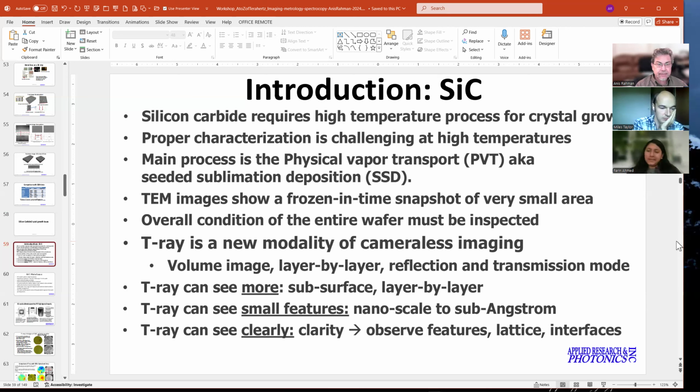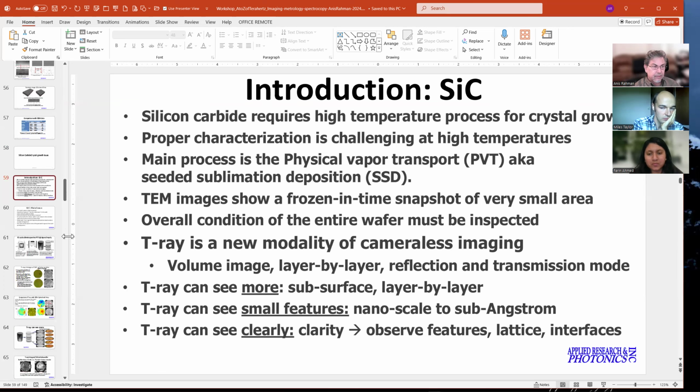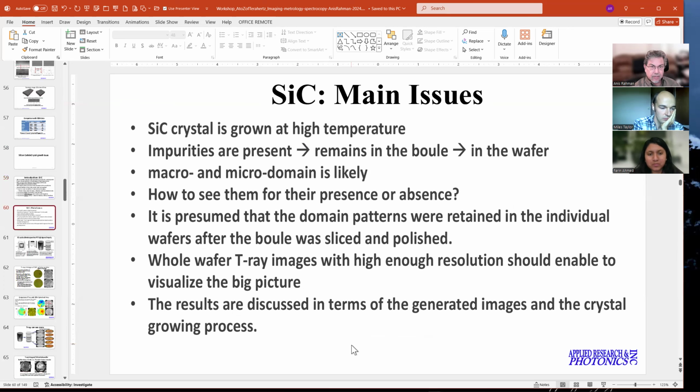The process that they use today mostly is called physical vapor transport, also known as seeded sublimation deposition. And we are trying to use the T-ray to probe that and find what happens. The main issue is that silicon carbide crystal is grown at high temperature.